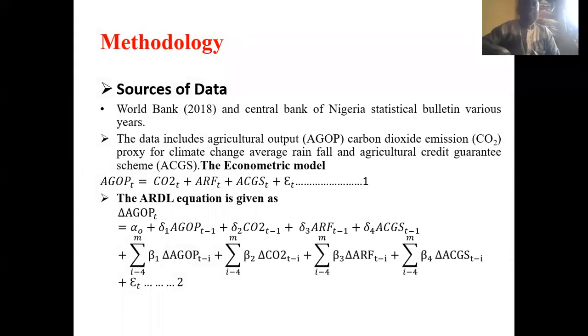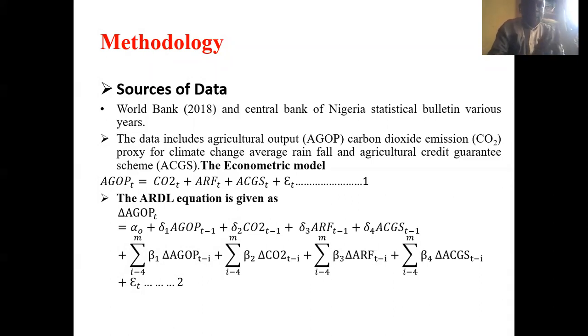The methodology of the study, source of the data: we use World Development Indicators of the World Bank and the Central Bank of Nigeria statistical bulletin for various years, WDI 2018, in order to source the data of the research. The data include agricultural output, carbon dioxide emissions, proxy for climate change, average rainfall, and agricultural credit guarantee scheme.